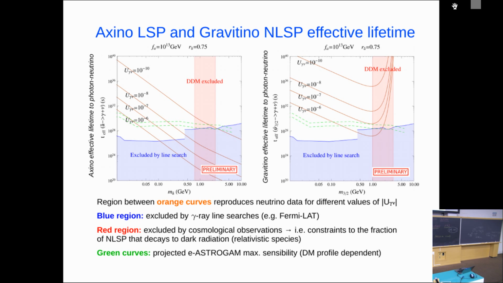This is excluded, it's also excluded because of dark radiation. Remember that in this case the gravitino is going to axino and axion.